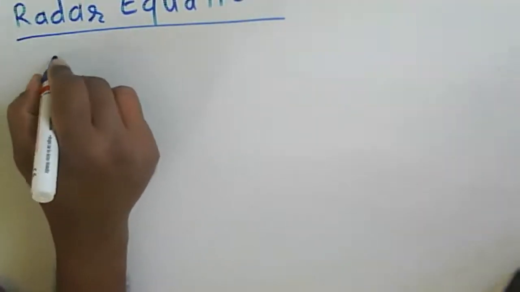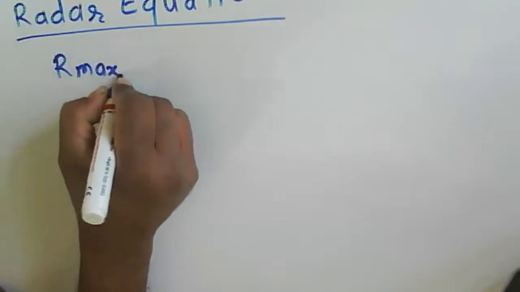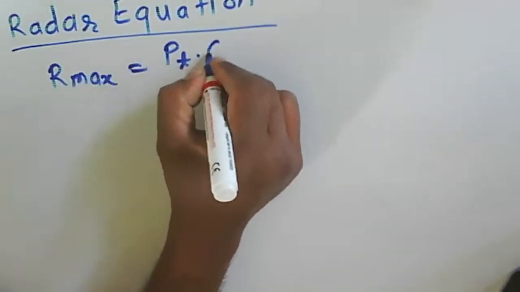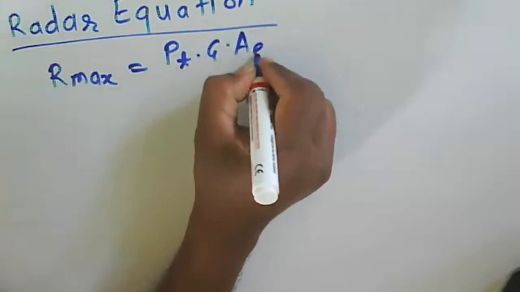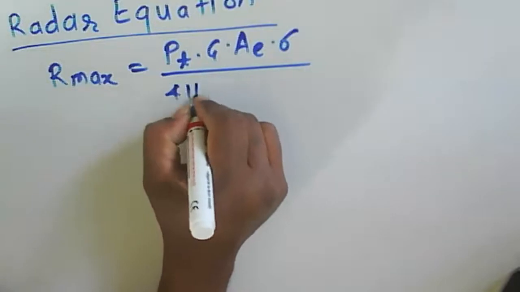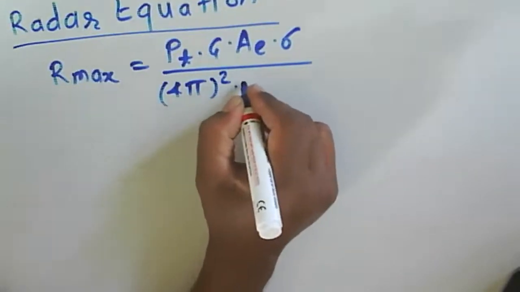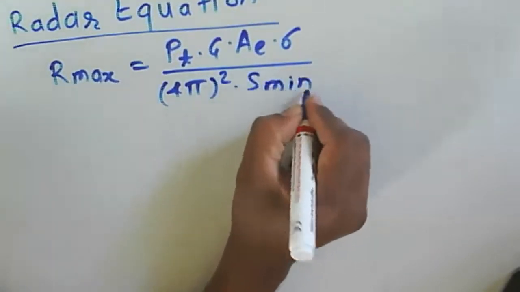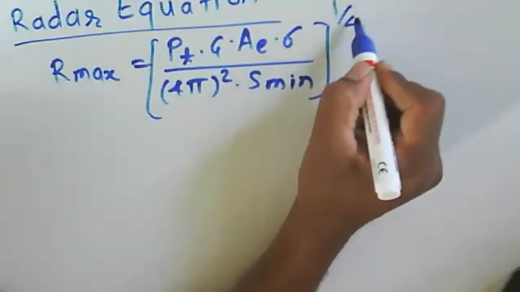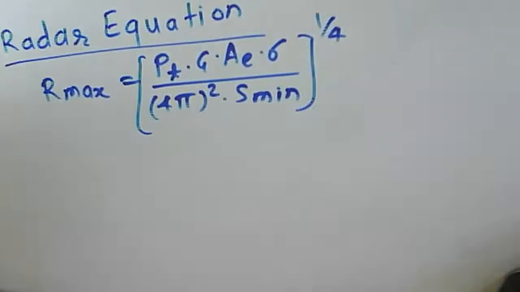We'll write R max again. Here we have the transmitted power, the gain, the effective area, the cross section, and 4 pi bracket squared, and this is the minimum detectable signal, raised to 1 by 4. This is your R max.